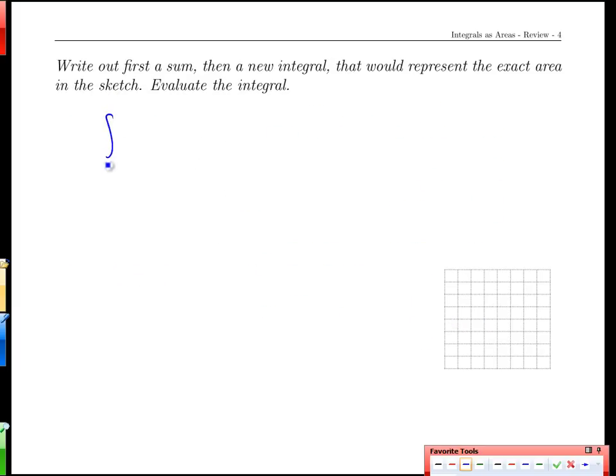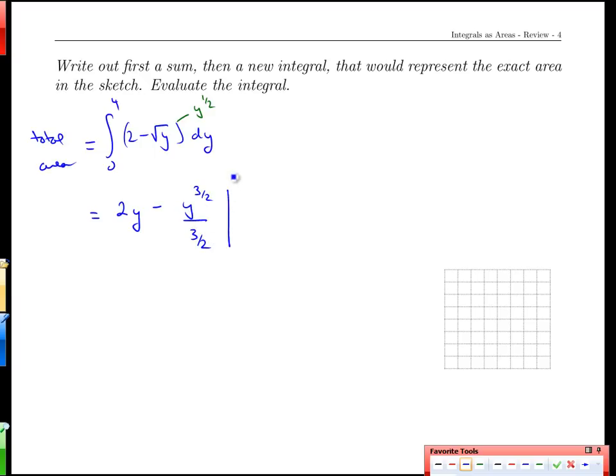So we have the integral from 0 to 4 of 2 minus root y dy, and that's the total area. Well, that will equal the integral of 2 is 2y. The integral of root y, well, remember that's y to the 1/2, will be y to the 3/2 divided by 3/2, and all of that between 4 and 0.